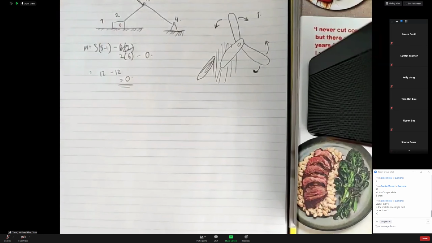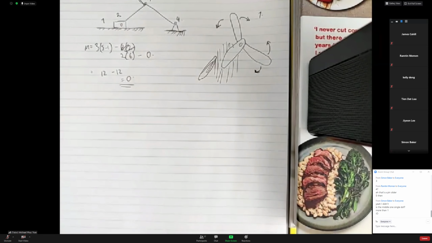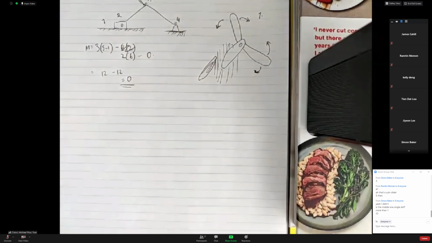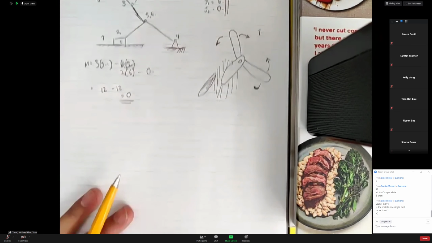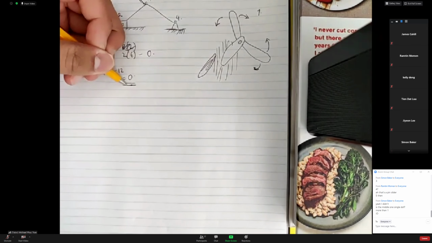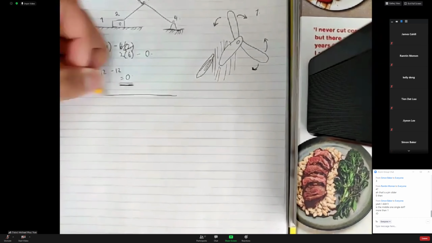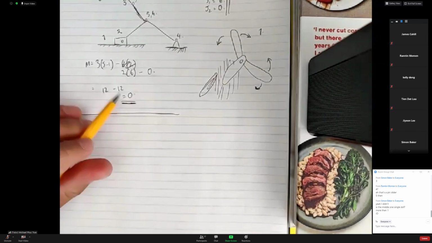This actually can't move. So it's not obvious at first if you just look at this ugly drawing here. But if you simplify what you've got into pins, joints, and sliders, you can actually find out a lot about what you've got. So this can't move.